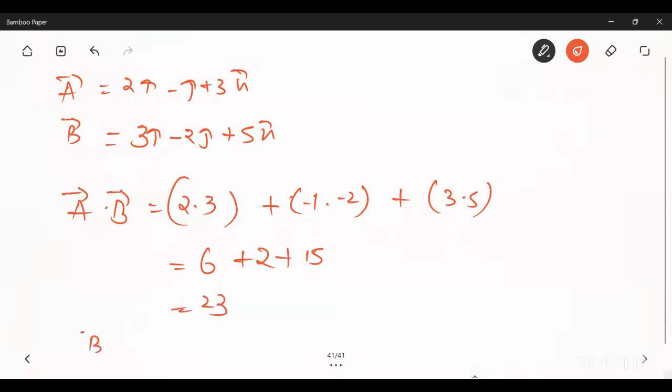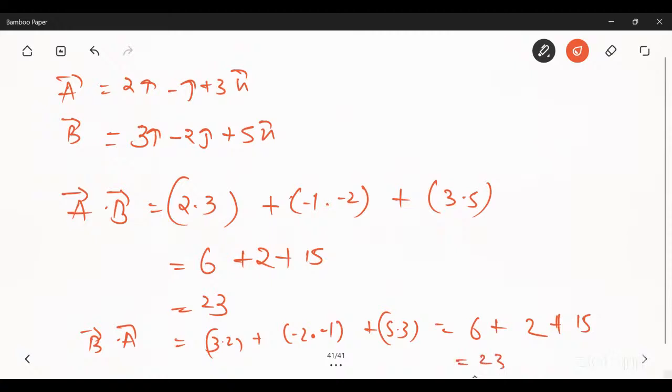Now if you find b dot a, so b dot a is also 3 into 2 plus minus 2 into minus 1 plus 5 into 3. So 6 plus 2 plus 15. So again you will get 23 as answer. So what we conclude from here?